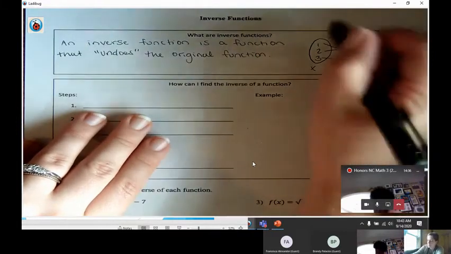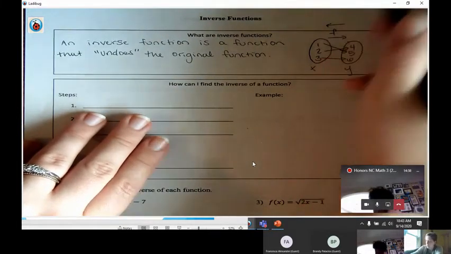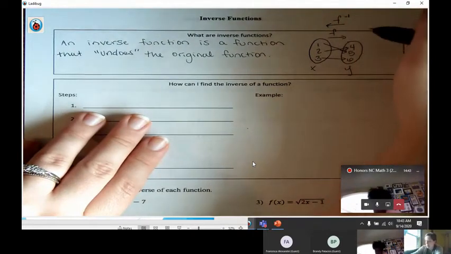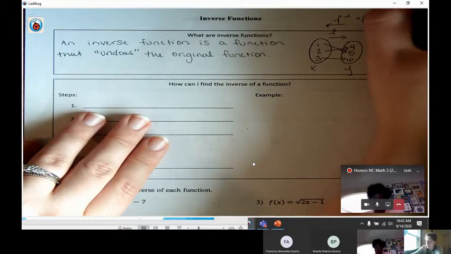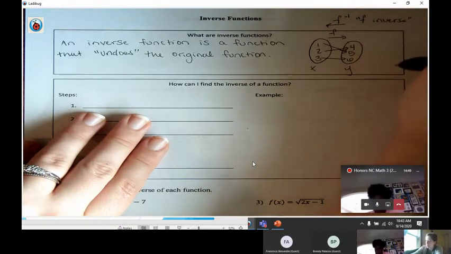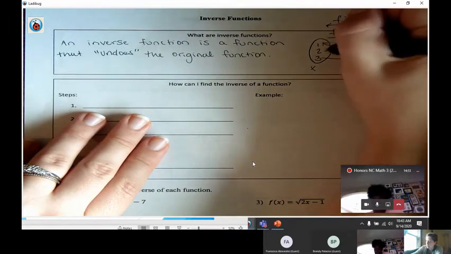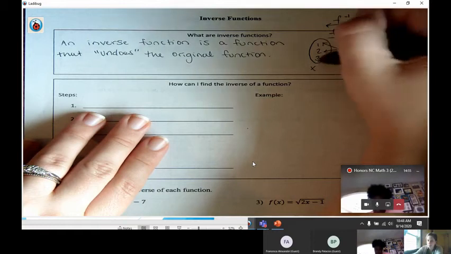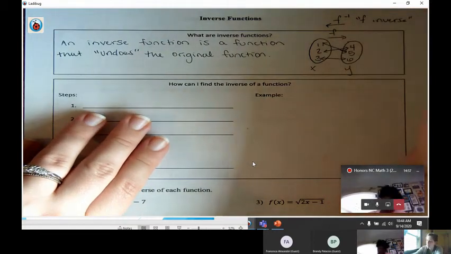F inverse does the opposite. So the F with the -1 power we call F inverse. And it's basically just going to flip the direction of all those arrows. So they're going to go from 5 to 1, from 4 to 2, and from 6 to 3.